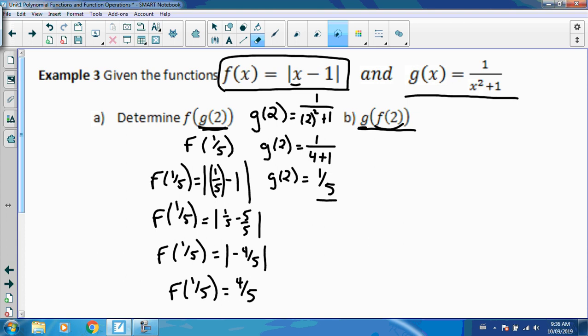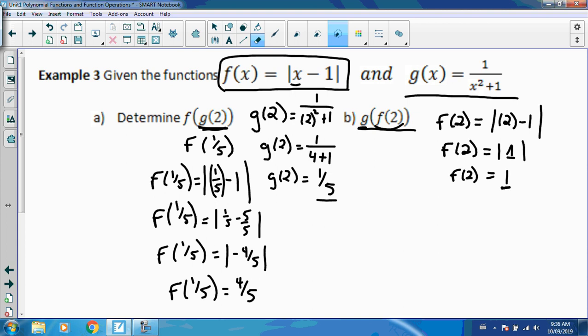All right, so let's do it together just to make sure you got the right answer. So the f of 2, first, I start on the inside, is the absolute value of 2 take away 1. So the f of 2 is 2 minus 1 is 1. So the absolute value of 1 is 1.